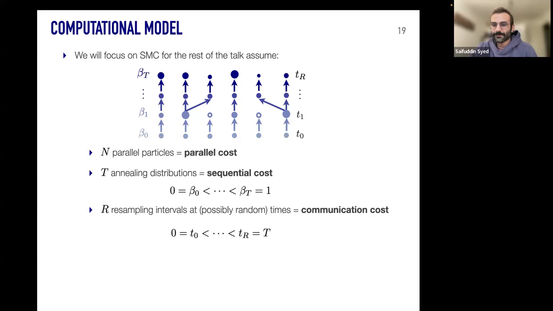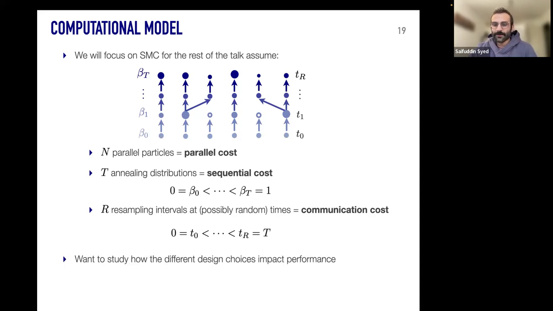And then finally, the resampling intervals correspond to how often our particles have to interact. So this is in some sense a communication cost. Whenever you trigger a resampling event, you're basically forcing all the particles to interact with each other. This forces them to share memory and actually work together rather than fully independently.